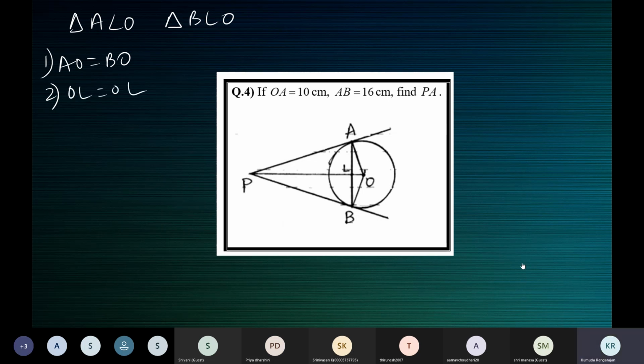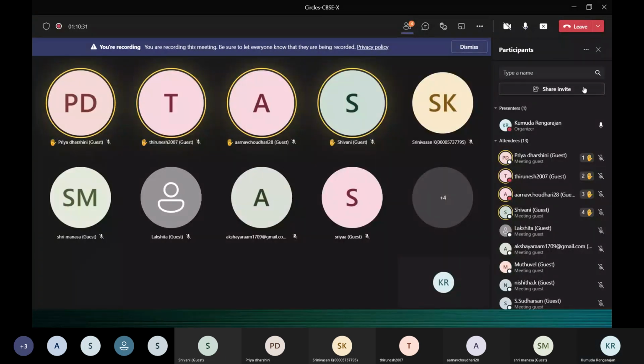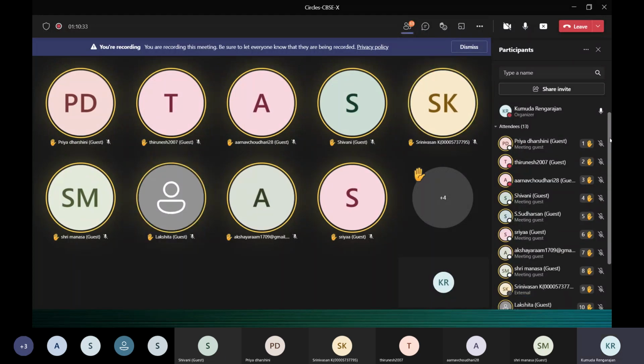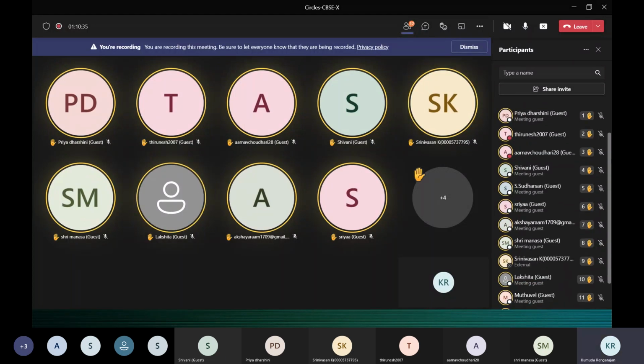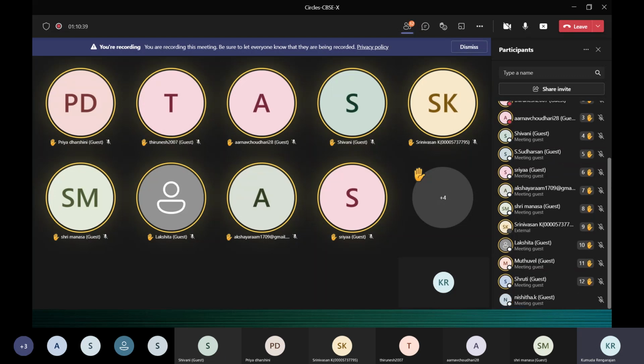Class, I know the strength is... oh, we are 13. There's Lakshita. Class, use the emoji, raise your hand. Priyadarshini, Tirunesh, Arnav, Shivani, Sudarshan, Shriya, Akshara, Manasa, Srinivasan, Lakshita, Muthuvel, Shruti.